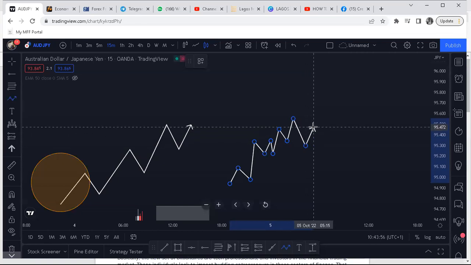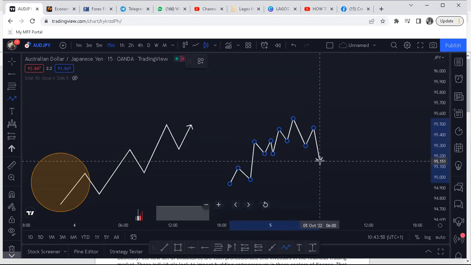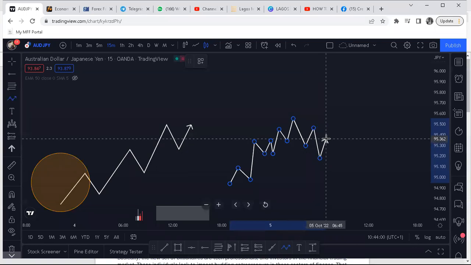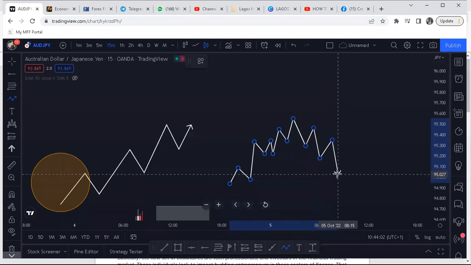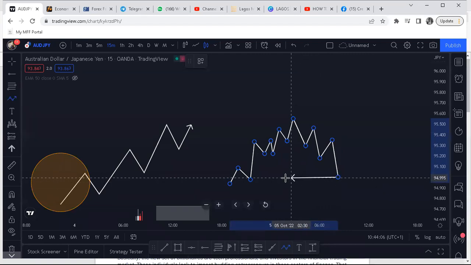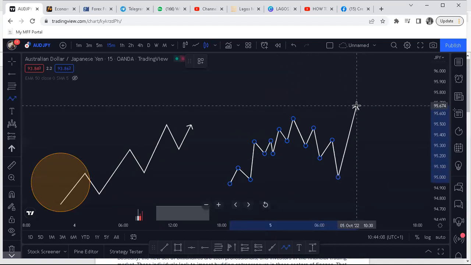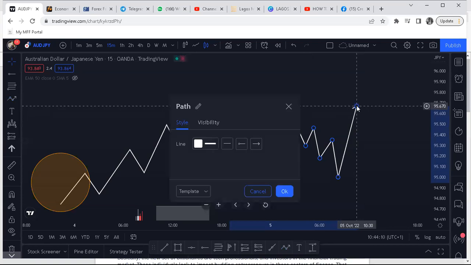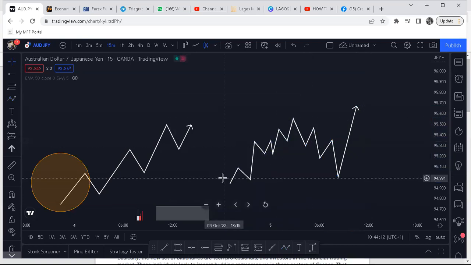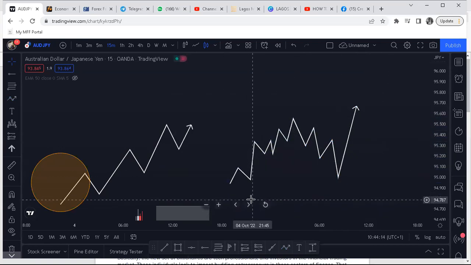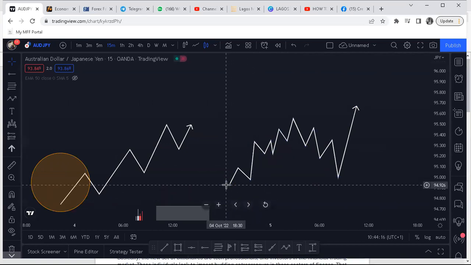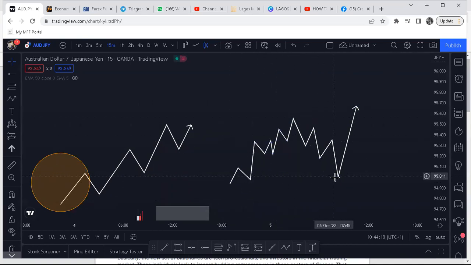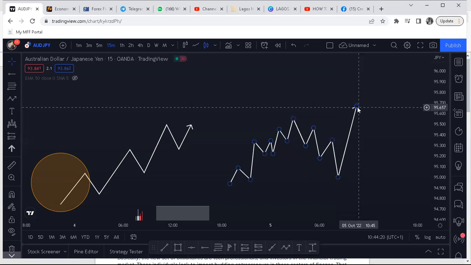This is change of character, break of structure. In your mind now, it has changed the trend. But it just pumps down to this other block and boom, gives us another move up. Guess what? It is still an uptrend, because this is low, this is high, this is low, this is high.